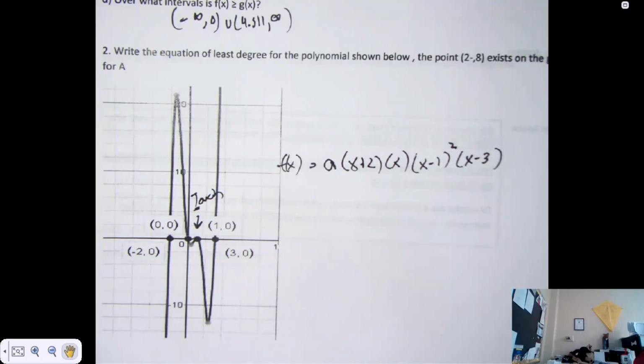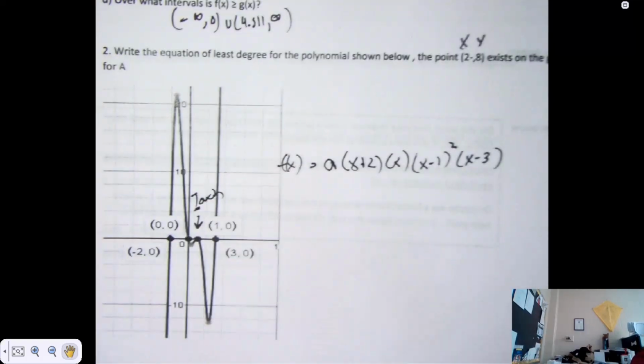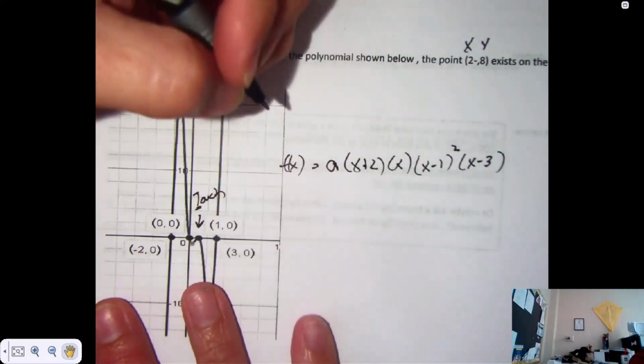Well, that's what it says. The point is actually 2 comma negative 8. Typo happened. But the point 2 comma negative 8 exists on the graph. Well, what's the 2 to you? That's the x. And what's the y? Now, I use f of x. F of x is fancy for what? So what am I going to replace it with? What is y?